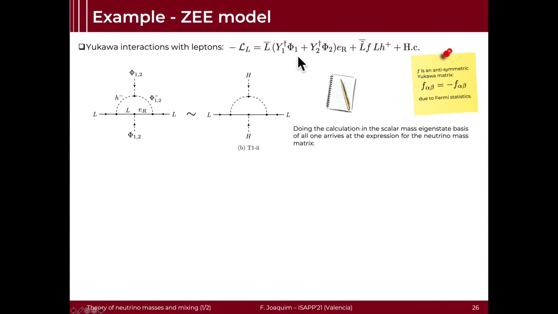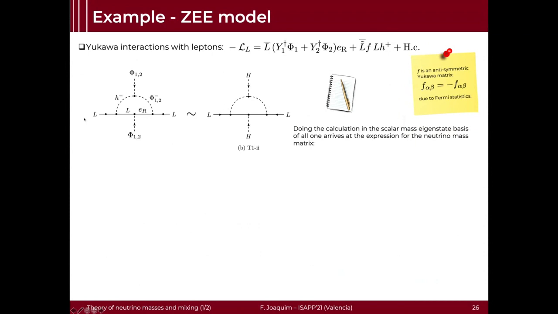You see here they are written in terms of phi1, phi2, so the original doublets. So you have L bar phi1 E_R. These are just like the charged lepton Yukawa terms of the standard model. And you have these extra couplings here of L tilde bar F L H plus. This H plus is the charged scalar singlet that we have added.